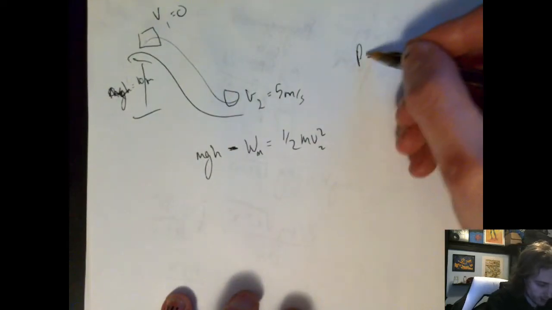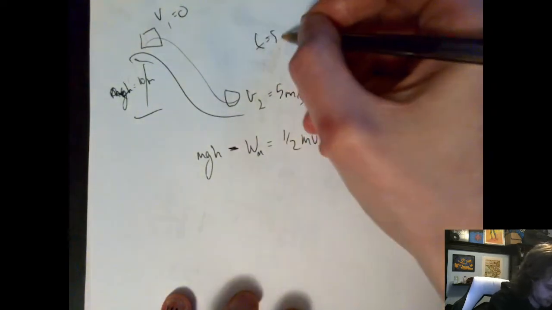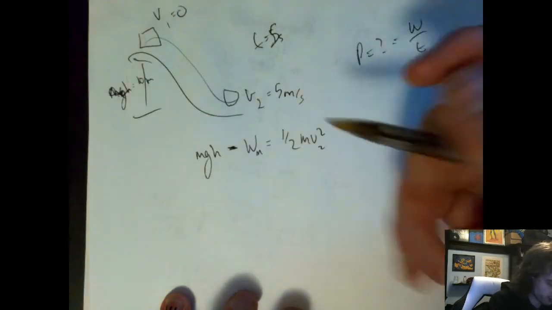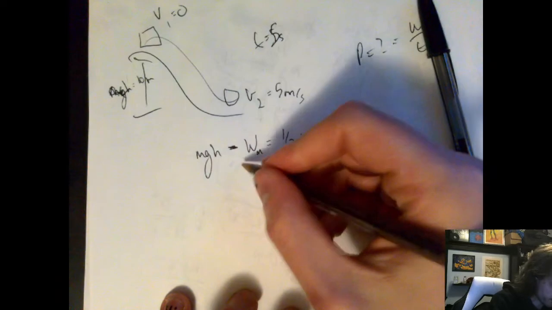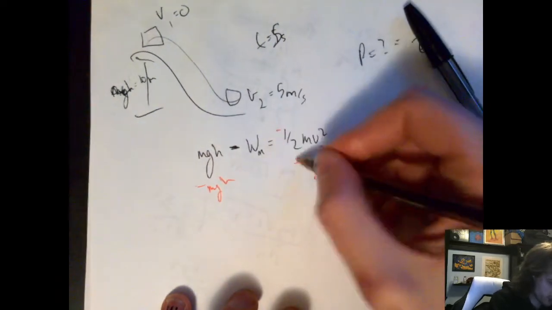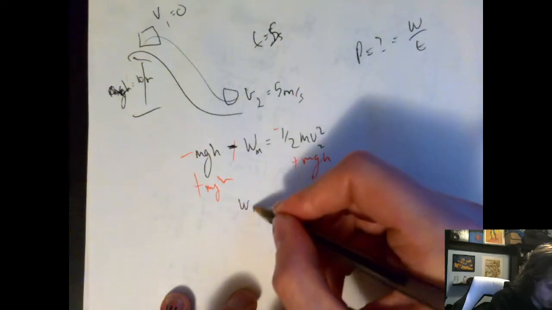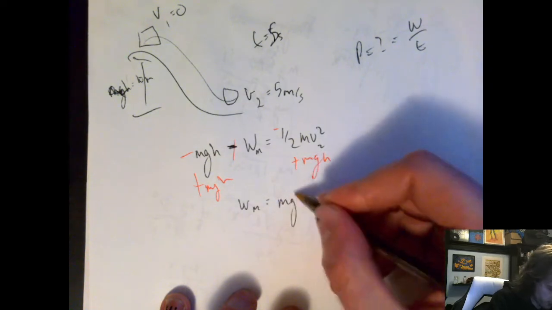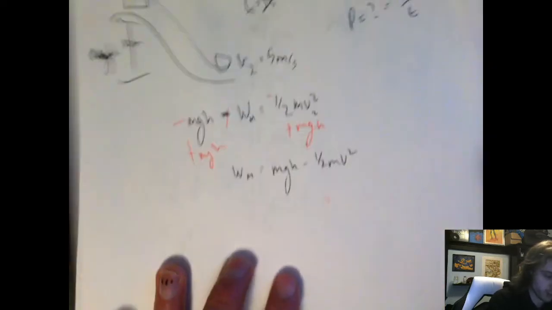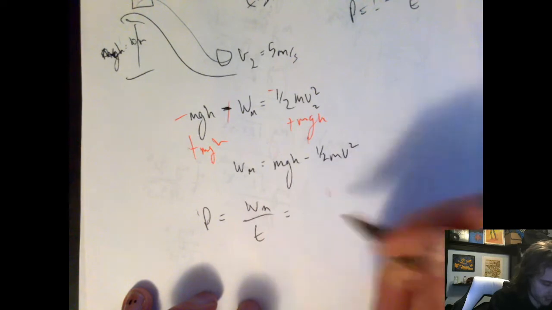We're asked to find our power, but that's always just going to be work divided by time, and time is a given of 5 seconds. So I can just throw some quick maths at this. If we subtract mgh from both sides and then make both sides negative, we get that the work from our motor is equal to mgh minus 1/2 mv squared. If we want power, we just take that work from our motor and divide it by the time.